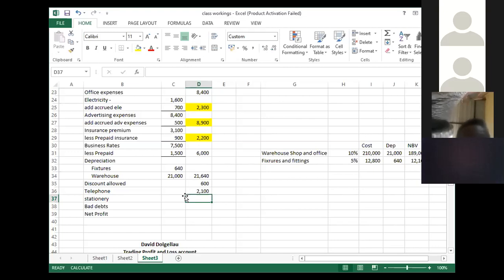Thank you, Martin. Is it affected by any additional information? So 6,200. The next item is bad debts. The bad debts, we get them from the additional information, right? What have we been told? That bad and doubtful debts should be provided at 10%.